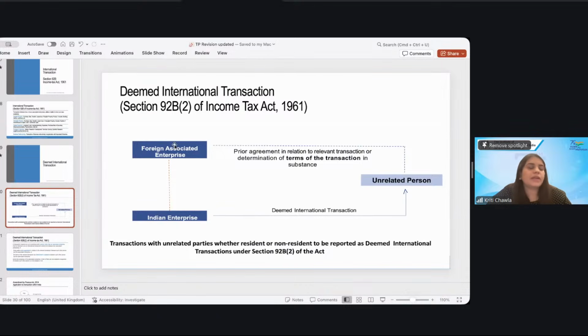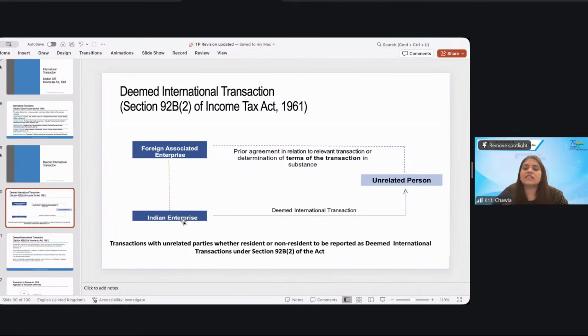Now, if these two enterprises transact between themselves, there will obviously be transfer pricing provisions that will be applicable. Why? Because there is an Indian enterprise which is transacting with an overseas enterprise, a foreign associated enterprise. These two enterprises are associated to each other. So there will be transfer pricing provisions which will be applicable, and they'll have to undertake all the compliances, etc.